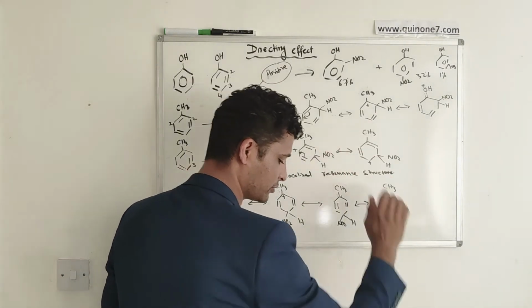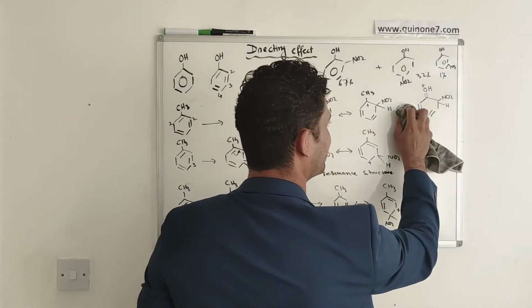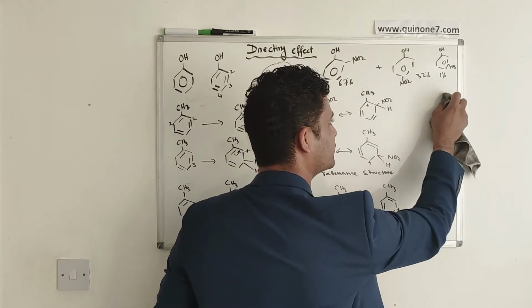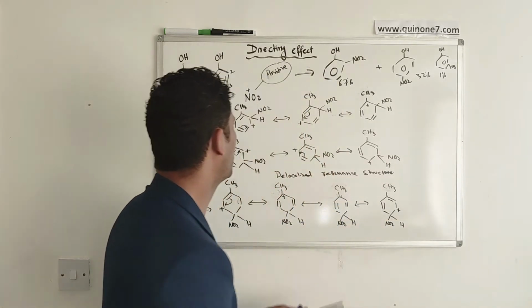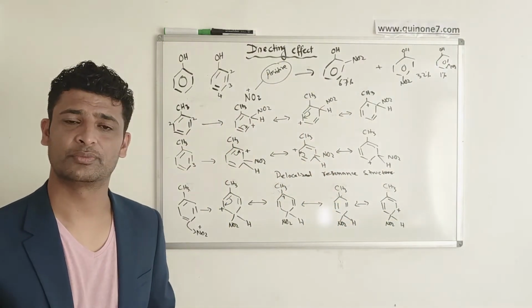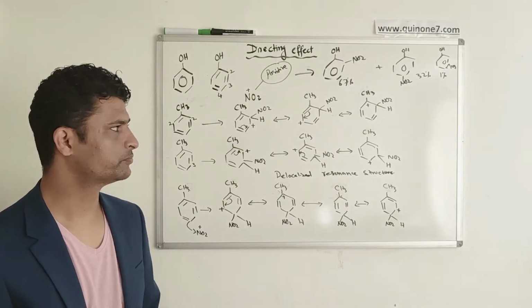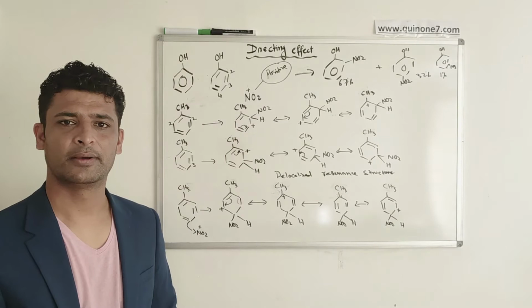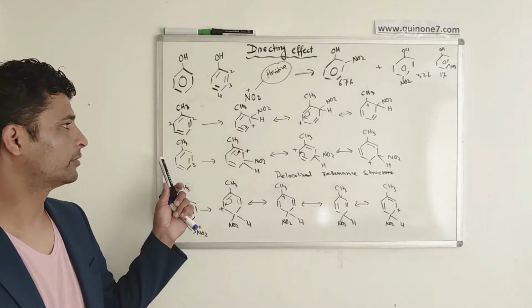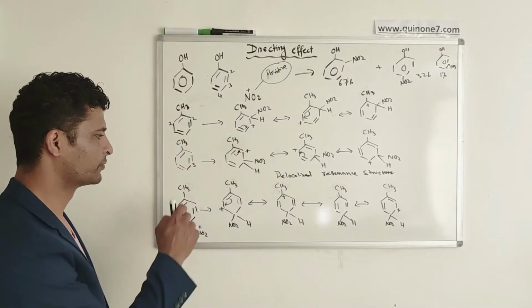So the maximum possibility is that you have 3 resonance structures when you have a CH3 group, or a group which cannot offer electron density. So that's the maximum possibility of making resonance structures.